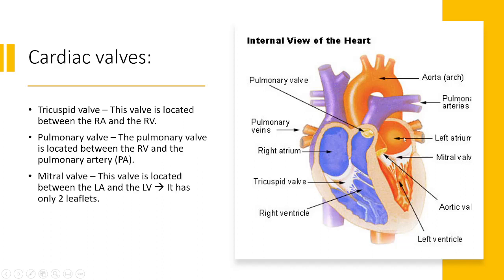Then we have the mitral valve, which is located here. Don't mistake it for here. It ends here. And this valve is located between the left atrium and the left ventricle, and it only has 2 leaflets. And then we have the aortic valve, which is located here, and it separates the left ventricle from the aorta.